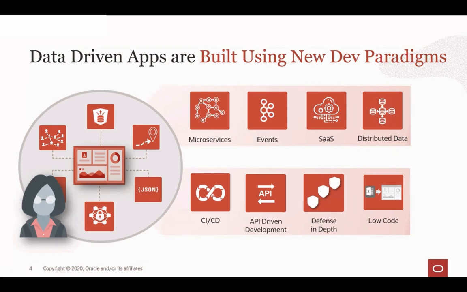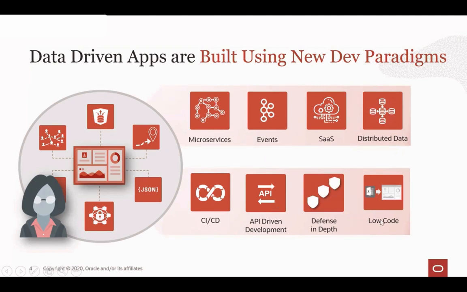These data-driven applications are built using data-driven paradigms, which are very new compared to the traditional way of building applications, like microservices, events, API-driven, low code, and then developed using CI and CD.